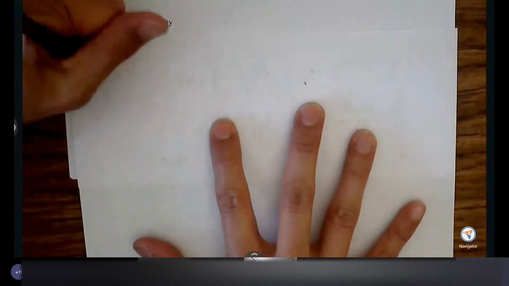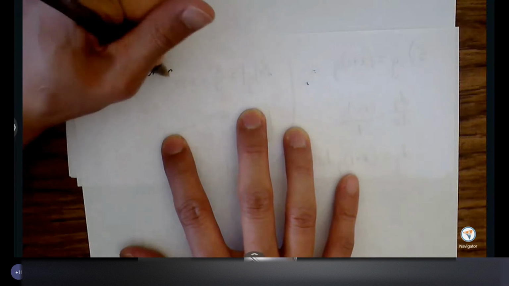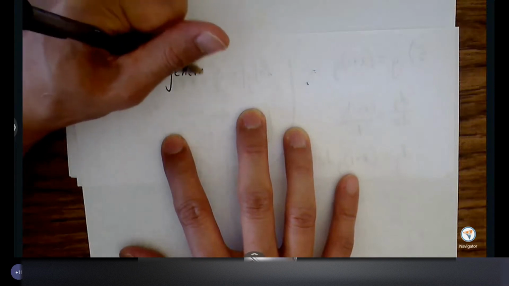And then we'll put this over here, make it easier to read here. So we're going to just find the general solution. There's no ordered pairs here.